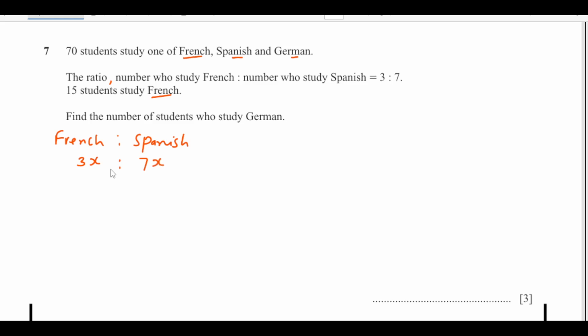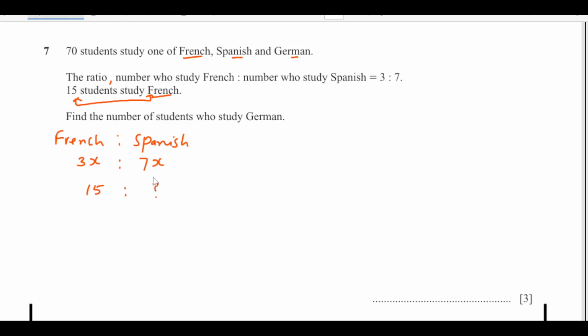If it's 3x, the number of students who study French, then 4x study Spanish, and we are given that French is 15. So the number of students who study French is 15. So I can put 15 here, then we will find out what this one is. Here we cannot put x because we have taken x up there. So I'll just put here those who study Spanish.